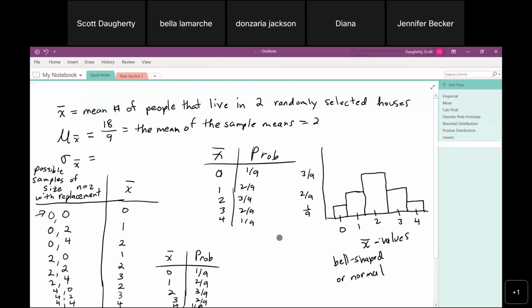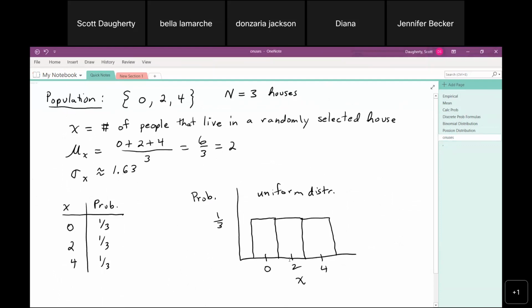And once you start doing something like that, where you're averaging up the numbers from your sample to get your sample mean, the X bar values begin to take on a bell-shaped distribution, regardless of what the original distribution looked like. Doesn't matter what this distribution looks like.